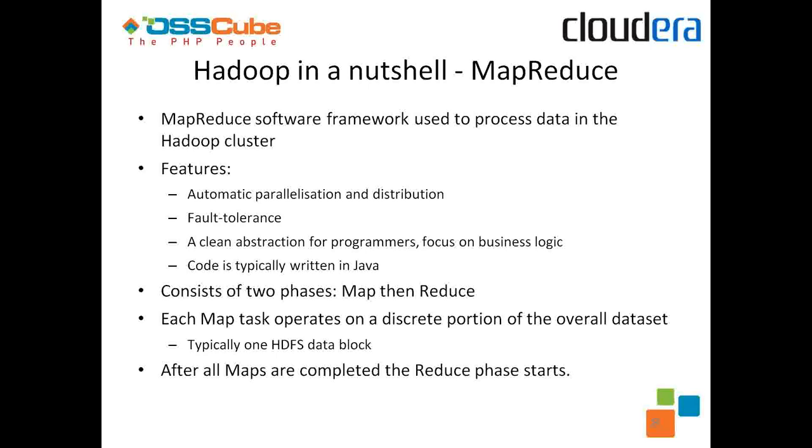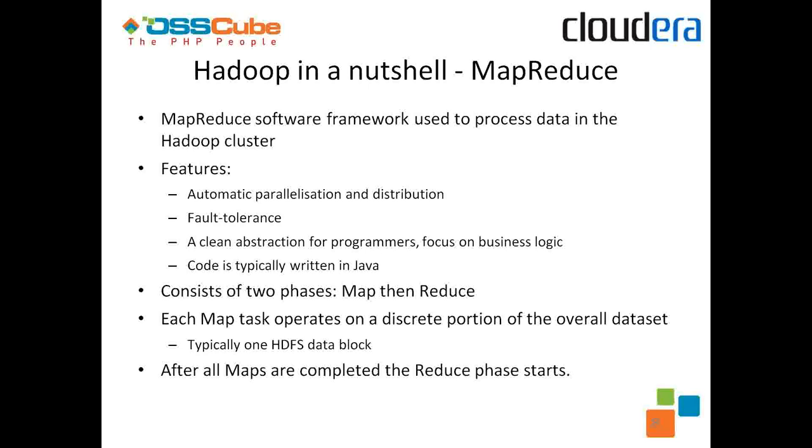So each map will work on a separate block. Remember when I said the whole file, say a 1 gigabyte file, may be split up into 10 blocks? So each map task will process a single block. And each map task can run on a different computer, because these blocks are distributed across your cluster.